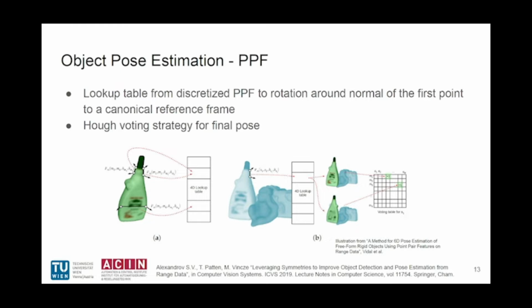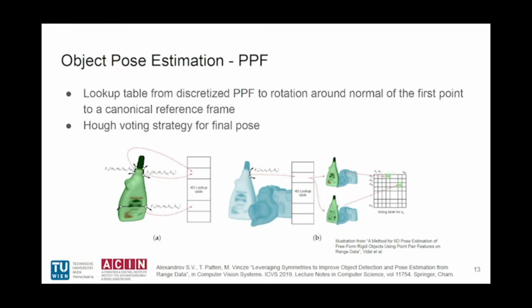But you can take advantage of what is being described by your point pair features, and that is you have 2 points with normals. So if you take one of those 2 points as a reference point, then that reference point and its normal constrain the pose almost completely, except for one dimension, which is the rotation around that normal.